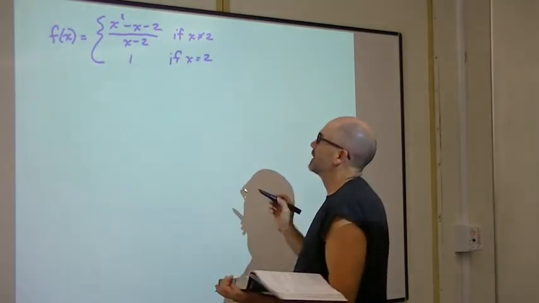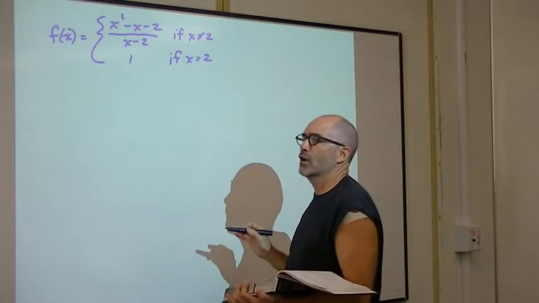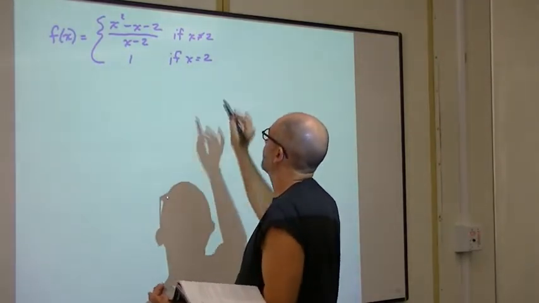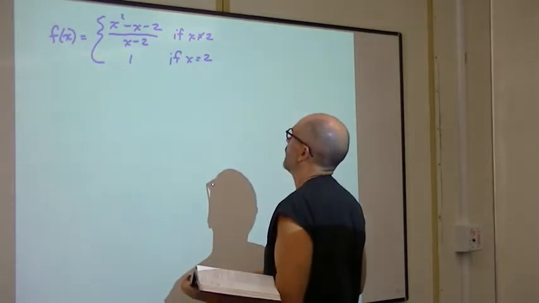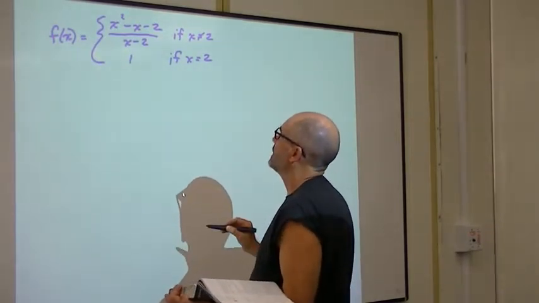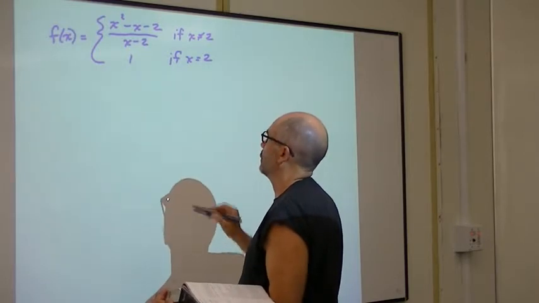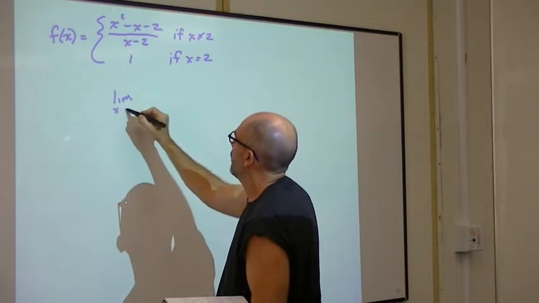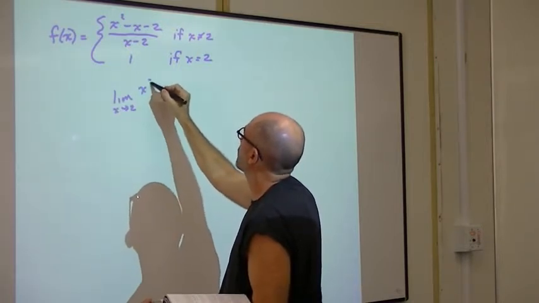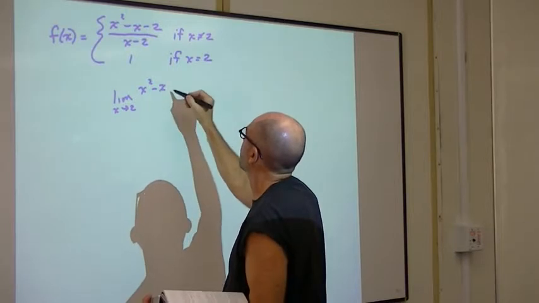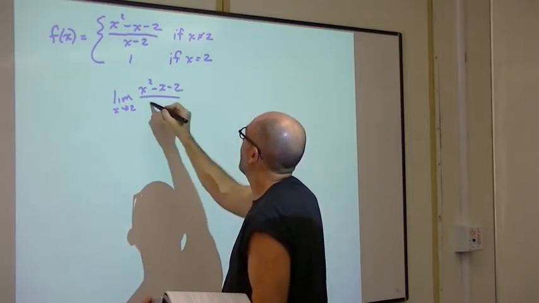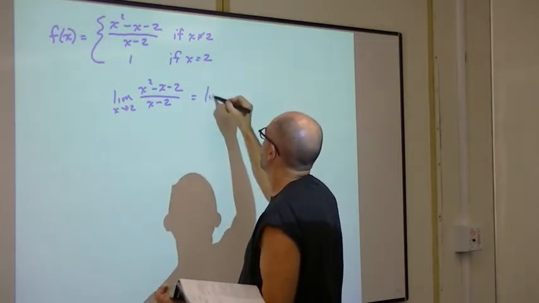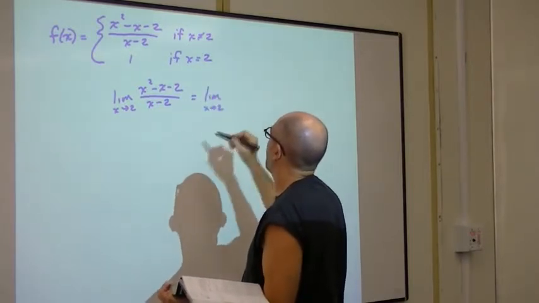Well, let's do all our 3 points. Does f of 2 exist? Yes, it does. f of 2 equals 1. What's the limit as x approaches 2 of this thing? The limit as x approaches 2 of x squared minus x minus 2 over x minus 2 equals the limit as x approaches 2 of, can we factor this?